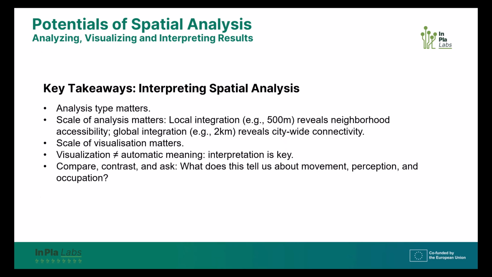Firstly, a reminder of what these two metrics are, angular integration and angular betweenness. Angular integration gives us a sense of how central a space or a street is, how easily it can be reached from everywhere else. And this is a strong indicator of places that attract movement, services, or gathering, as both Mariam and Nadia mentioned earlier.